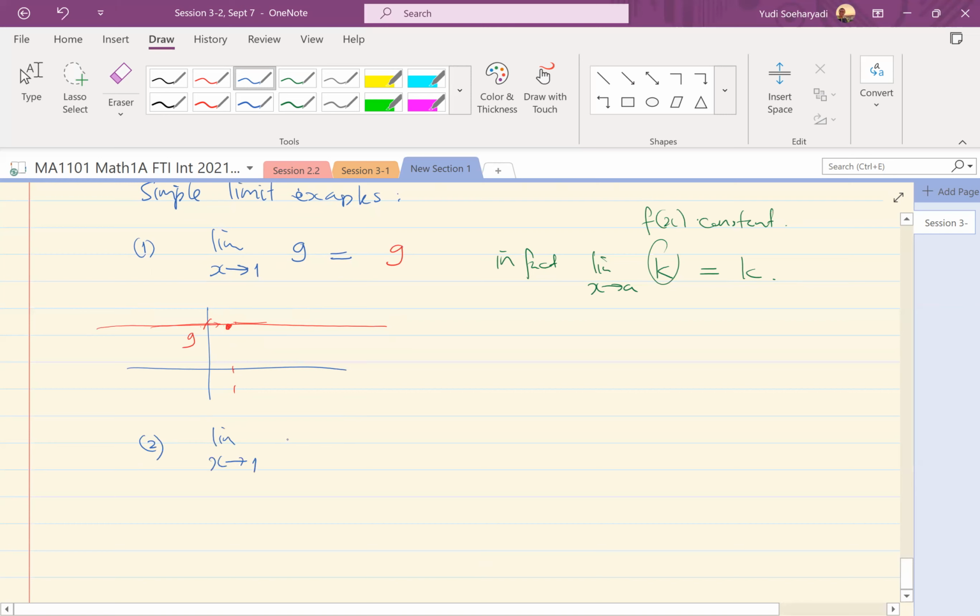Say 3x plus 1. Okay, so this is another example where you can just, well, you learned one in your high school calculus. When learning limits, you just try to plug in the numbers. That's right. You just plug in the numbers, then you get 4.